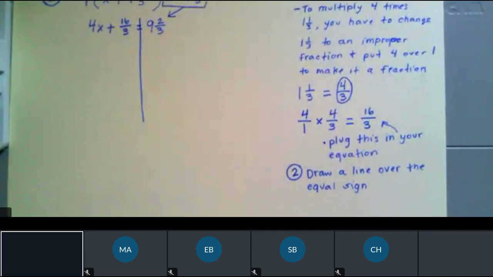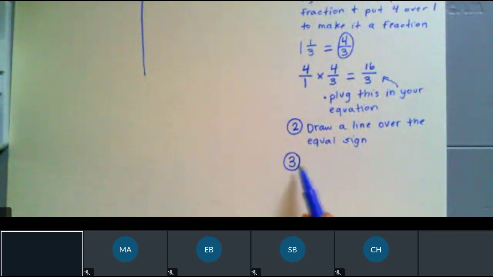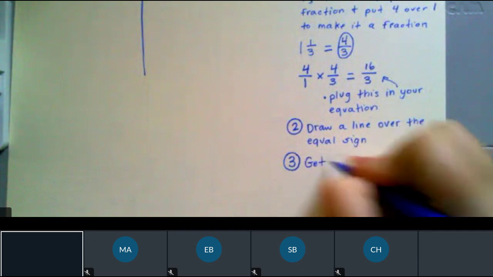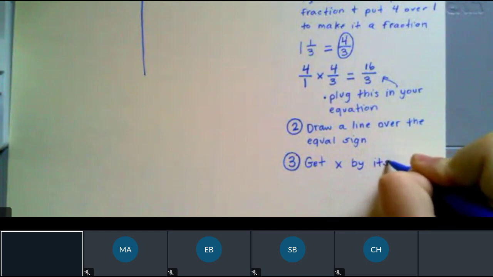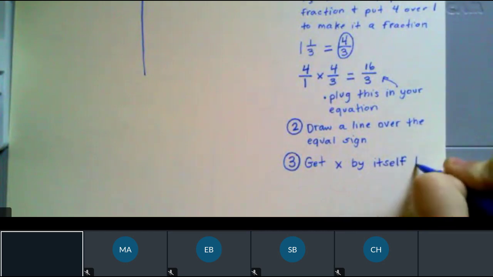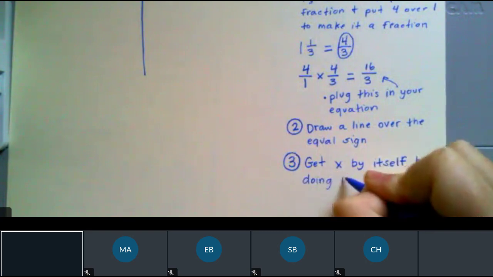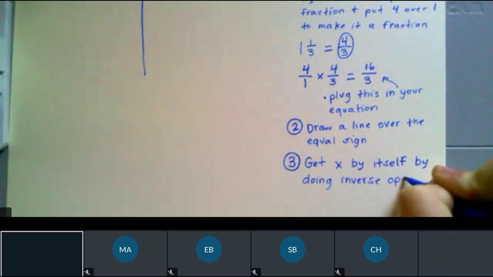Now, step number 3. This is the most important one and the longest one. This is the majority of these equations. I'm going to move my paper up just for a second so we can see step 3. Let's write get x by itself by doing inverse operations.